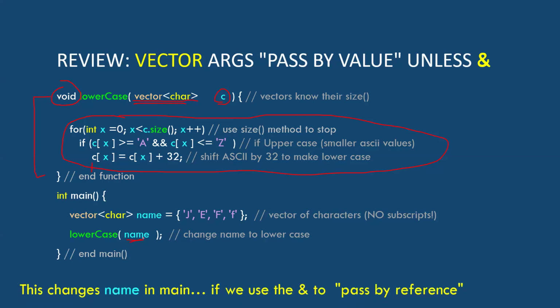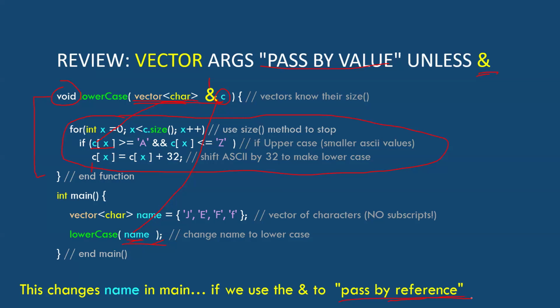Unless, as we said, we add the ampersand. And now we've said, hey, C++, these two things are connected. So if you change this, you're going to be changing that. That's what we call a reference. This would be passed by value unless we add this, and then it becomes passed by reference.